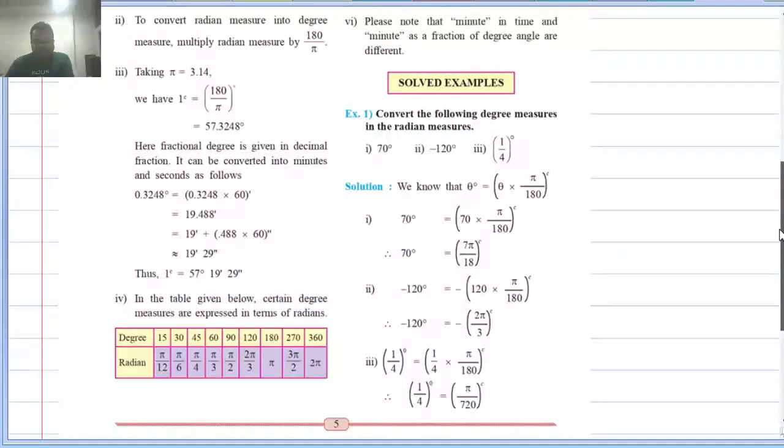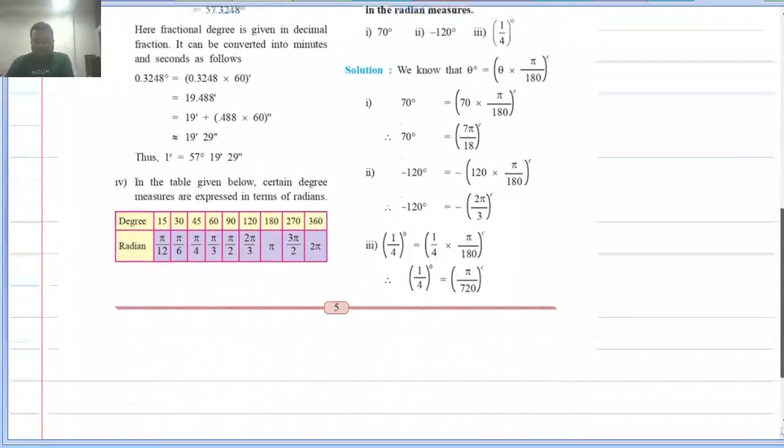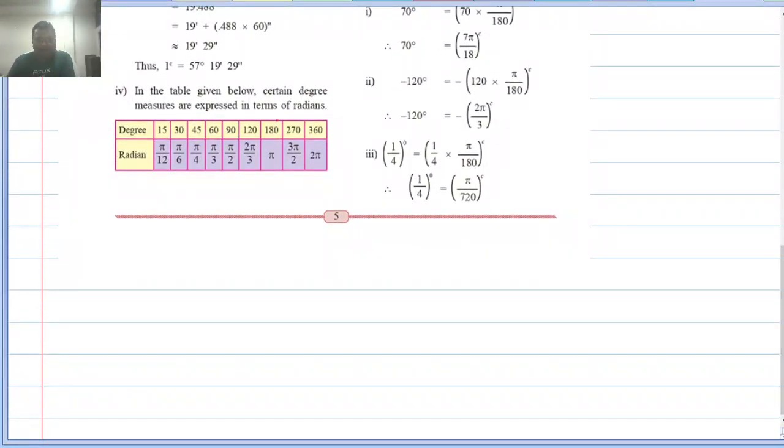Now we are going to look at some degree measures expressed in radians. So these measures are extremely important. So degree and radian measures. So 15 degrees is how many radians?